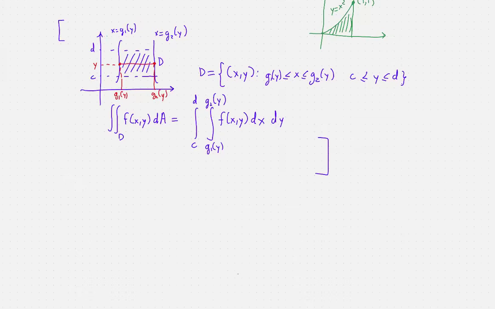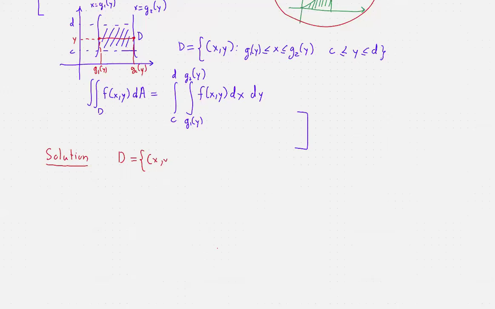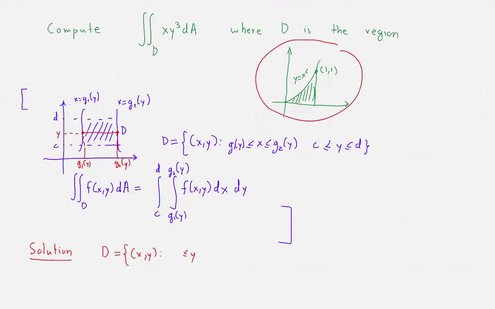So how do we describe the specific domain D that we're given, meaning this domain right here? So it consists of all the x and y's, such that x, I'm sorry, we're doing horizontal integration first.